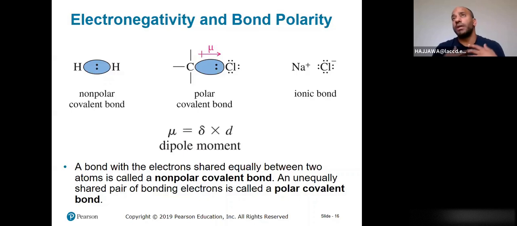If I ask the question, is this going to have an ionic or covalent bond, you don't need the electronegativity values, because a metal and a non-metal will have an ionic bond, and a non-metal to another non-metal will have a covalent bond. But what do I need the electronegativity values for? To determine, for a covalent bond, whether it's going to be non-polar or polar.